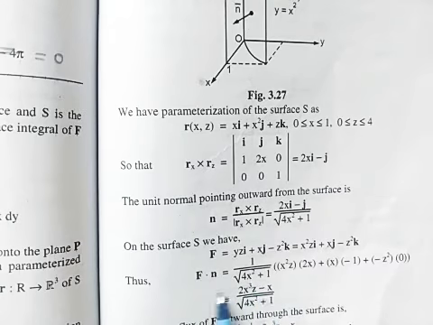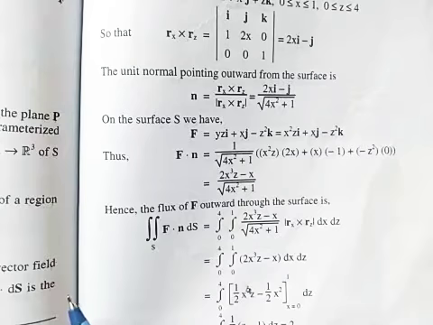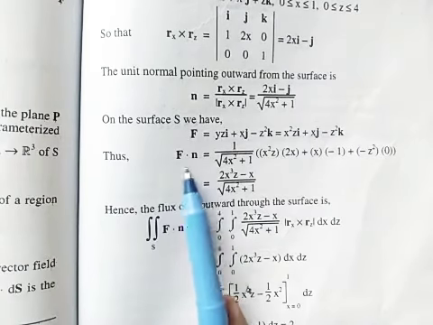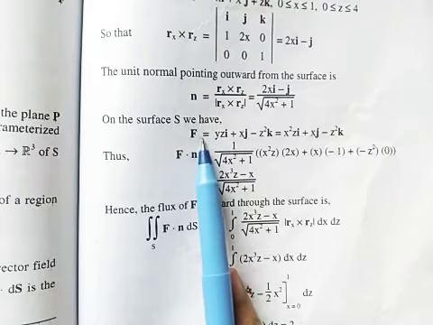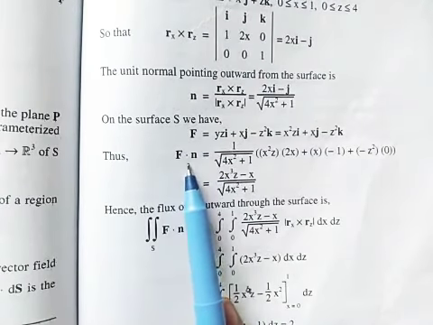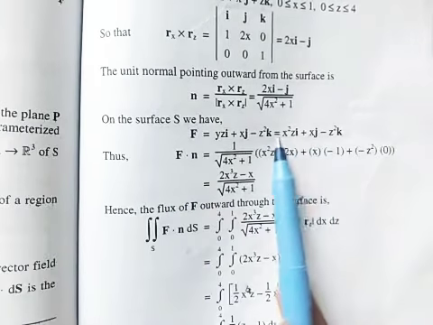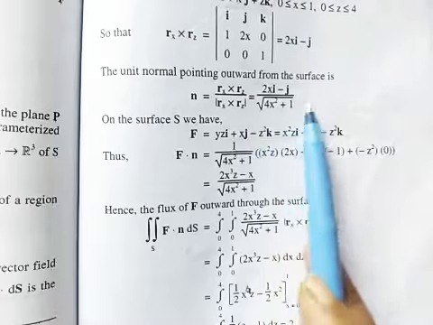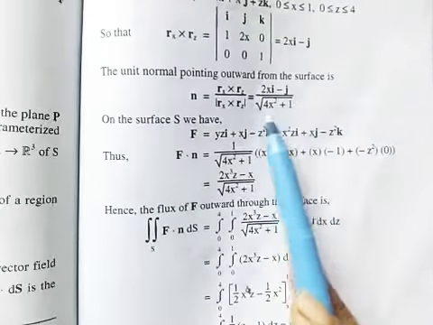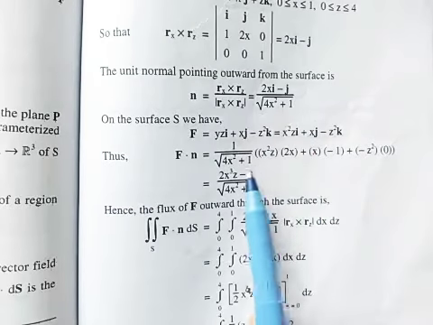Now why are we doing so? Because what is the formula for flux? Double integral F dot n dS. So we need F dot n, so for that we have calculated capital F here and small n here. Now let us calculate F dot n. This is our F, this is our n. So this value dot this value, now 1 upon the square root of 4x squared plus 1, we can take it common.